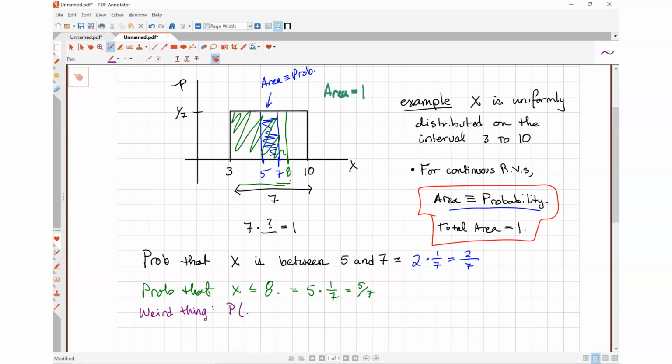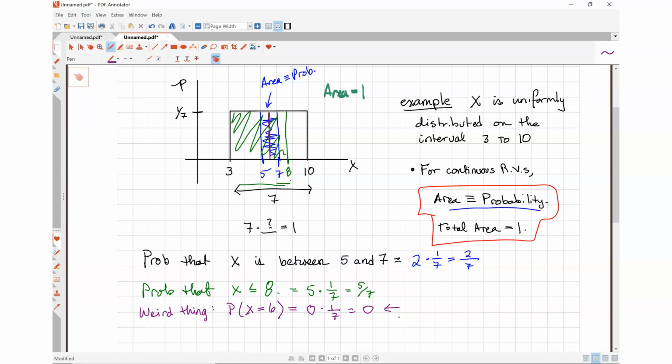Imagine we want to know the probability that x actually turns out to be equal to, I don't know, 6. Well, following the examples we just did, we find the rectangle in that probability distribution that corresponds to x equals 6. Well, here it is. It's just that one line. And the width of that line is 0, times 1/7 as the height. And that, of course, gives us 0. So the probability of x equaling 6 is 0.